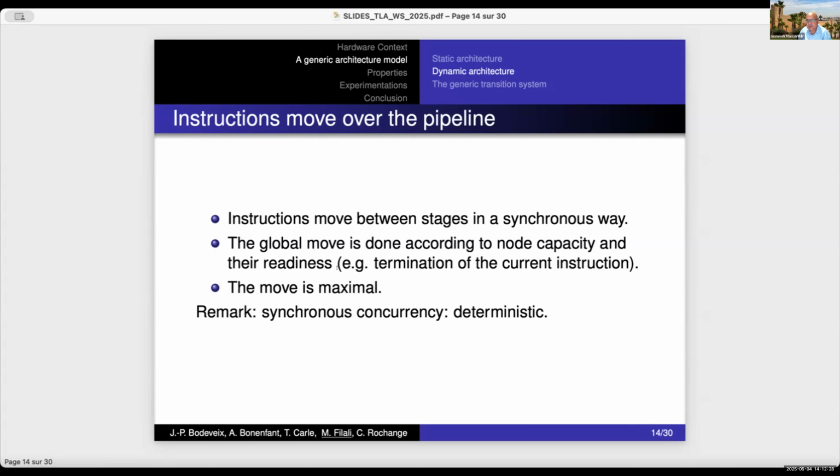Here we have synchronous concurrency, that is, the stages compute simultaneously, but in a synchronous way. And this synchronous concurrency is the concurrency we usually have in the synchronous languages, and it is known that it is deterministic.